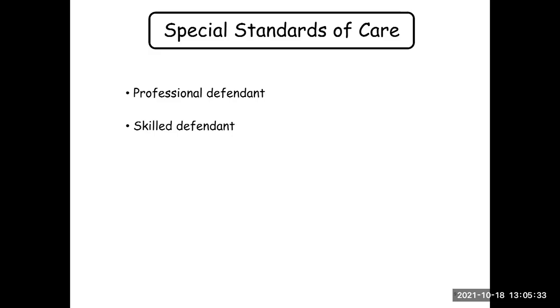So let's say, for example, an electrician engaged in his work as an electrician, and we now have a complaint that he was negligent while he was doing his electrician job. Now, with the professional defendant and the skilled defendant, the standard of care that we will use there will be a standard appropriate to that profession.